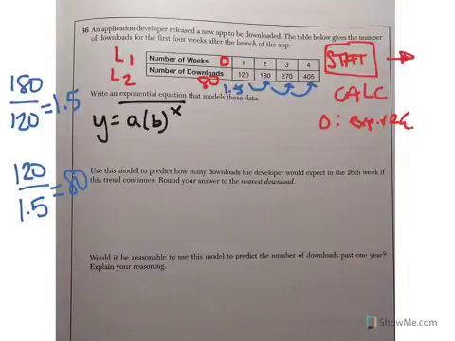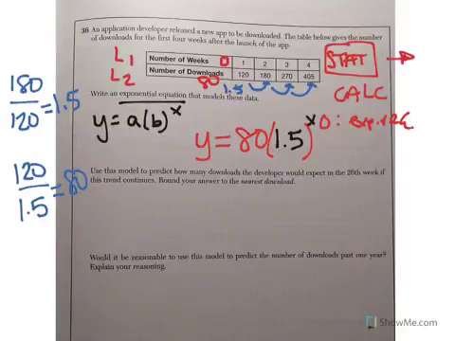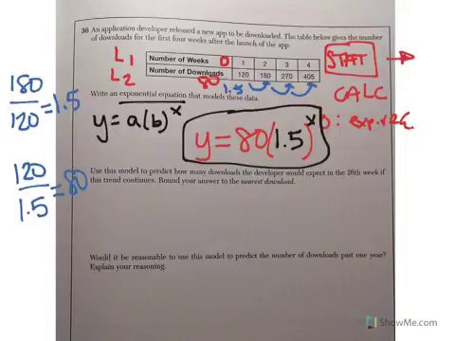So your equation is actually going to be y equals, remember your a value is your y-intercept, so that is 80, times your b value, your growth value. Your growth value is what you're multiplying by each time, that's your 1.5, and then you're going to raise it to a power of x. So this is the answer for the first part of this question.